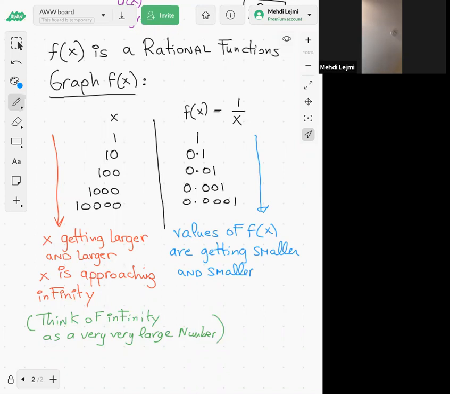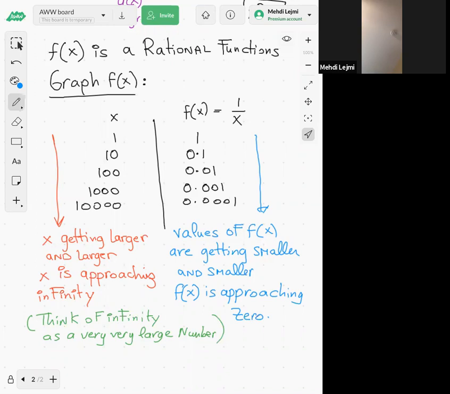They are getting very, very small, so f of x is approaching 0. It's never equal to 0, but it's going to be as close as you want to 0.